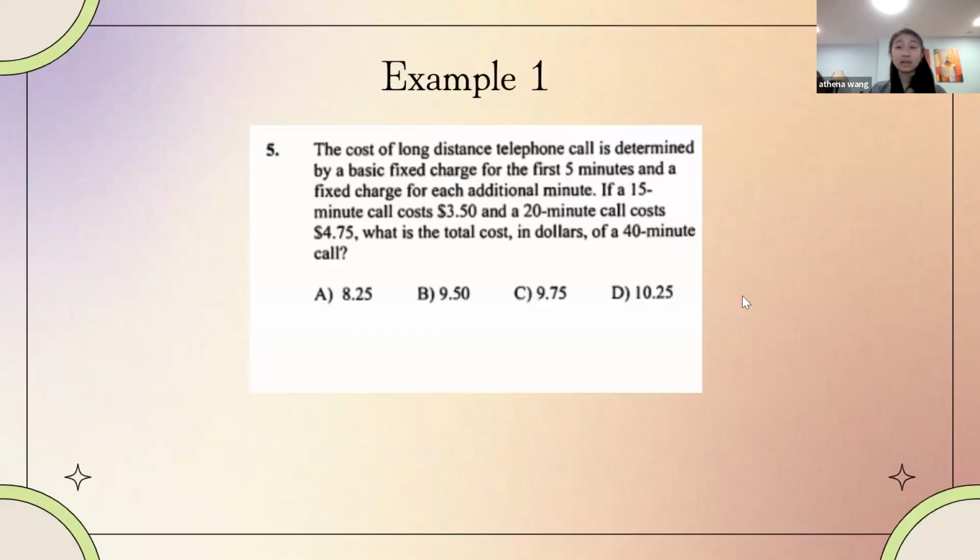Okay, so here is one example for systems of linear equations, and this is also a word problem.